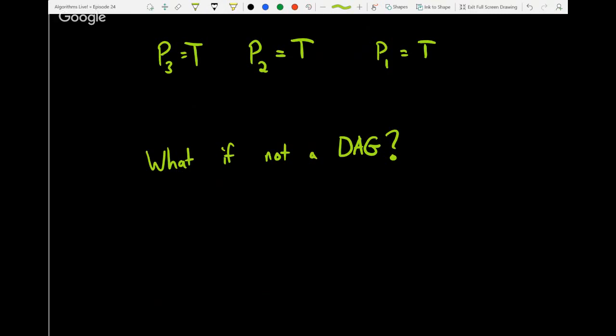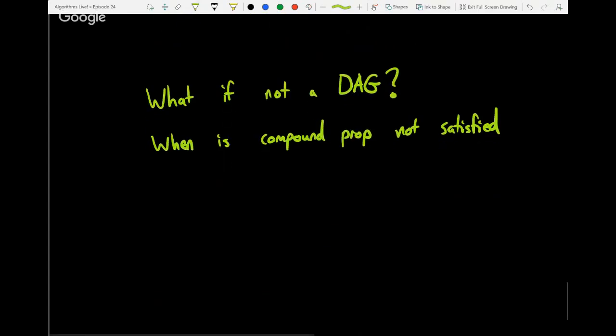And then, not every compound proposition is satisfiable. We could have something that has no way to be satisfied. So we ask ourselves, when is the compound proposition not satisfied? These are good questions maybe you should be asking yourself.